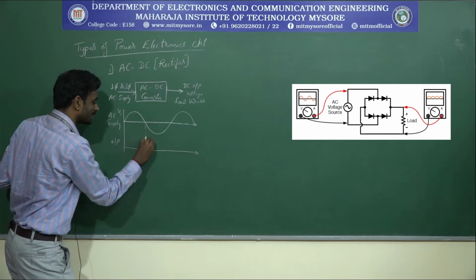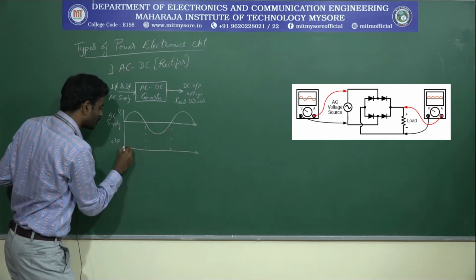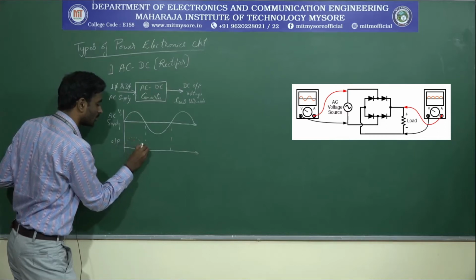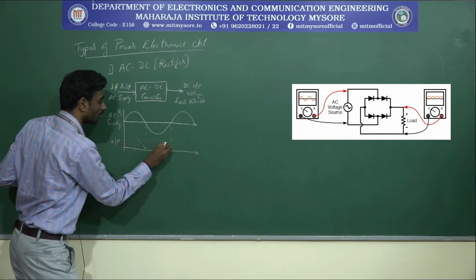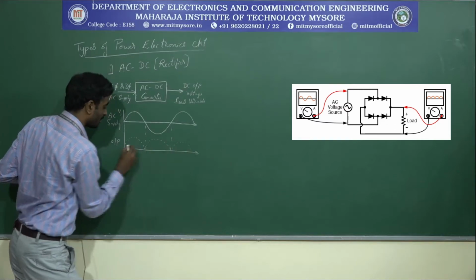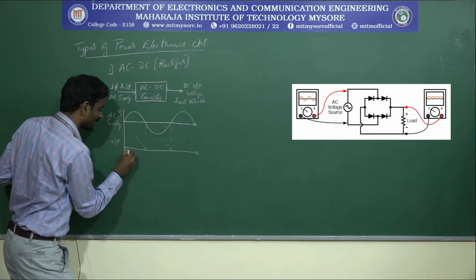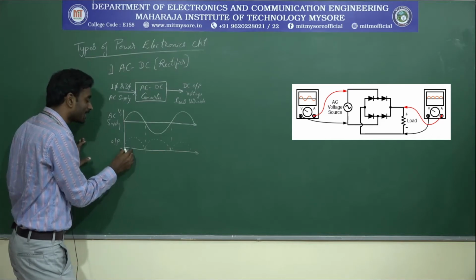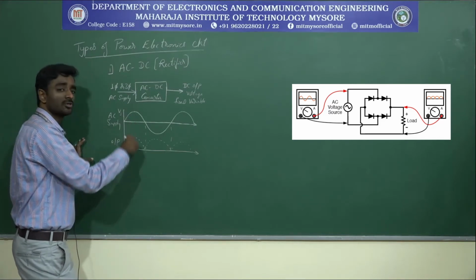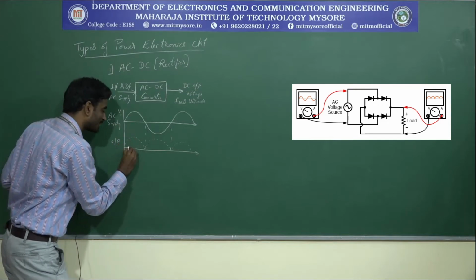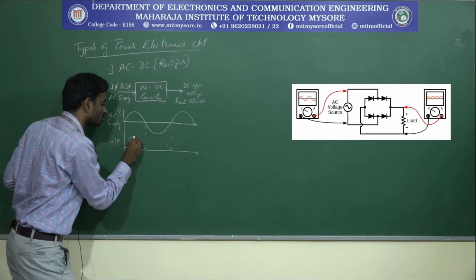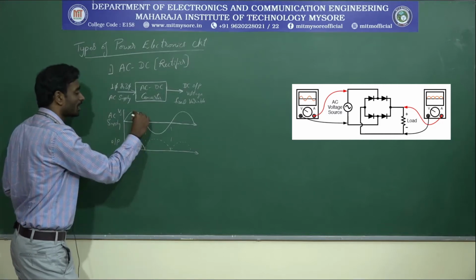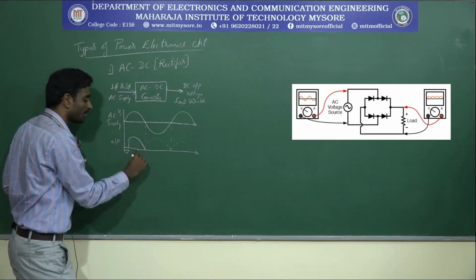So in this case, I should have some triggering values here. I will mark this value, this will be the triggering angle, or it can also be represented as the alpha value, which is the time taken for your circuit to turn on. So this is the time required for your circuit to turn on, and after that particular time, whatever the input is will be retained.